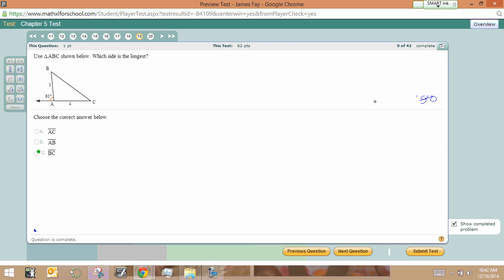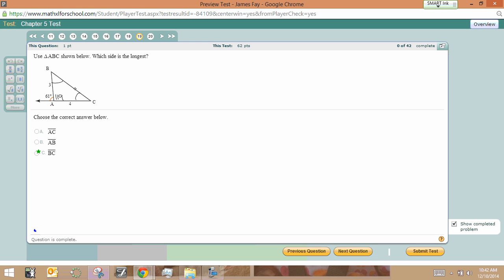Here it says use triangle ABC, which side is the longest. We've got AC, BC, and AB, so we're looking at these three sides. Look at this 61 degrees. That tells me that this is 119 degrees, and that these two angles here are going to add up to 61.